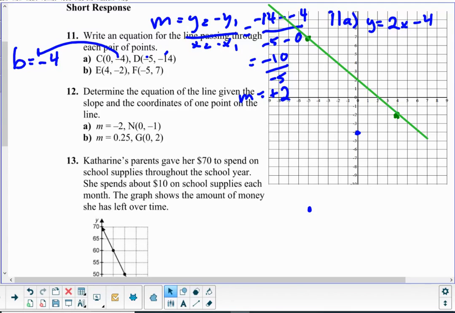Okay, so if we count, it turns out this is pretty clear that it's going down 1 over 1 because it's hitting the grid every single point. So that's easy enough. If you ever wanted to, you could say, okay, it's going down by 5, it's going over by 5, which reduces to negative 5 over 5, reduces to negative 1.